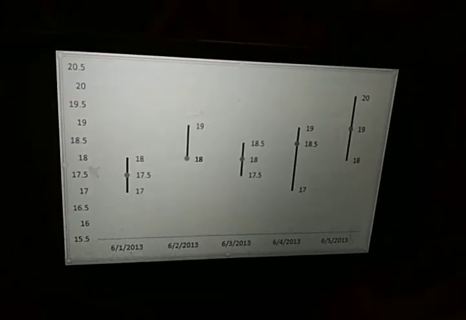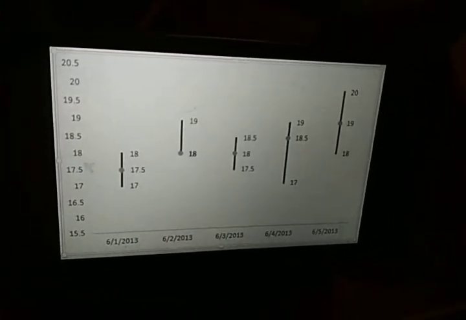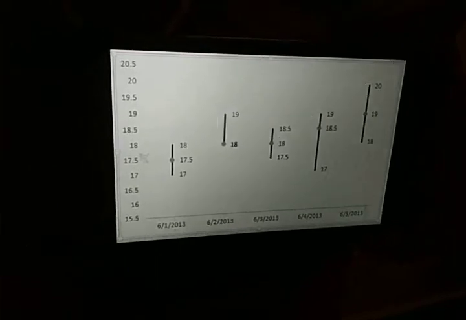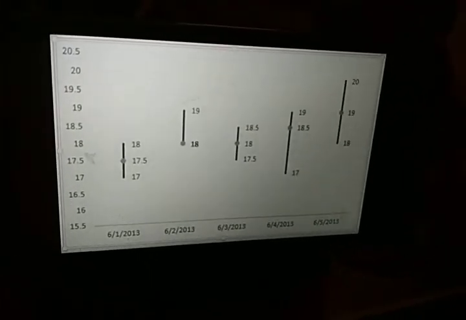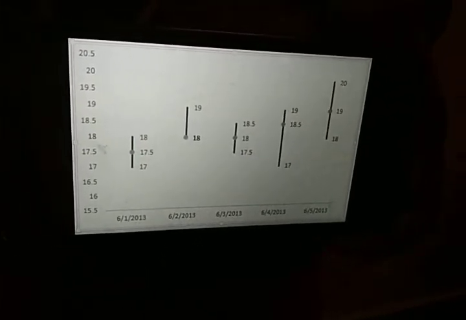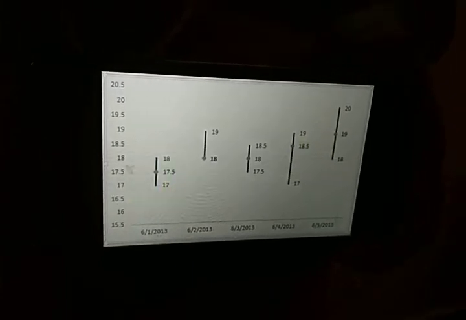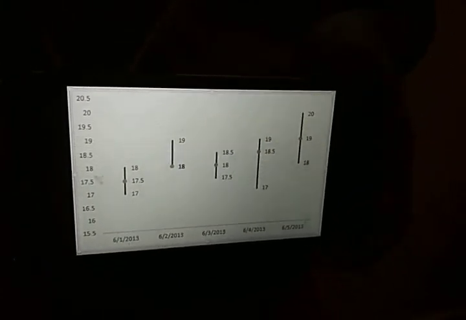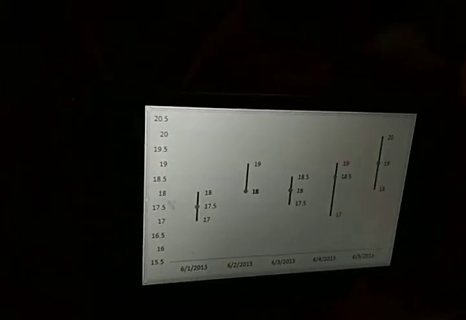So this type of chart uses specific data series: opening price, ending price, high price, low price. तो दिस इज द स्टॉक चार्ट.